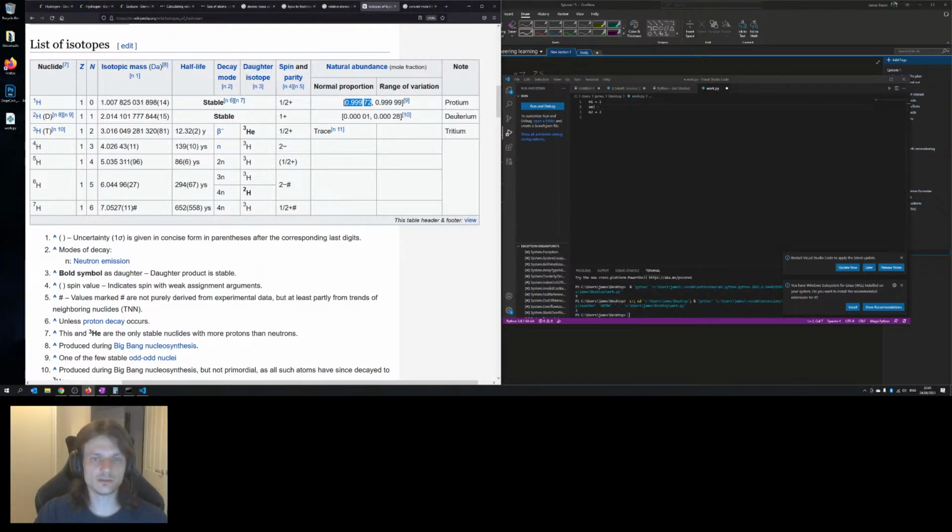Range of variation. AM2 equals that. Then it's going to be M1 times AM1 plus M2 times AM2, divided by AM1 plus AM2.